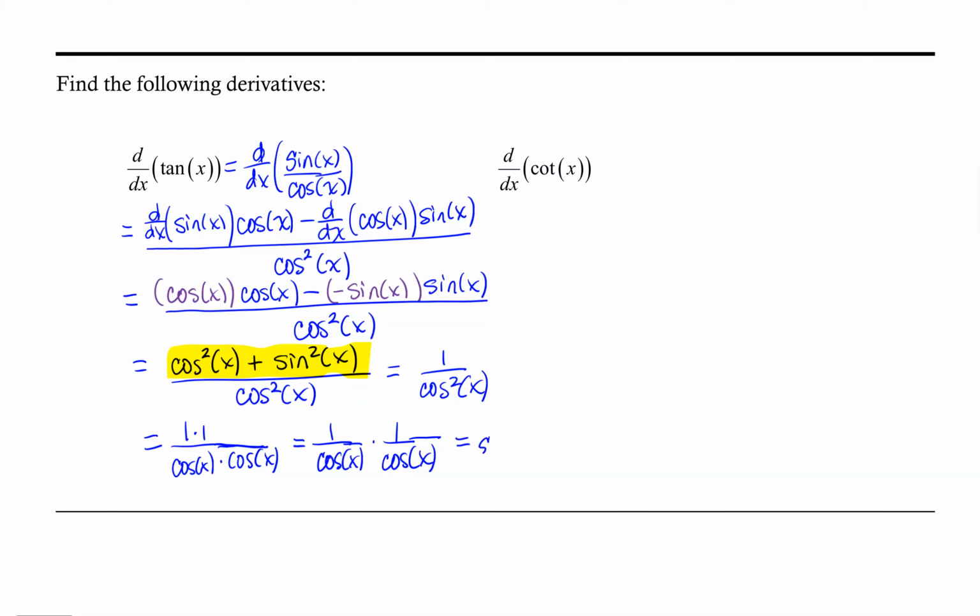So this becomes equal to secant of x times secant of x, or simply secant squared of x. So the derivative of the tangent function is secant squared of x.